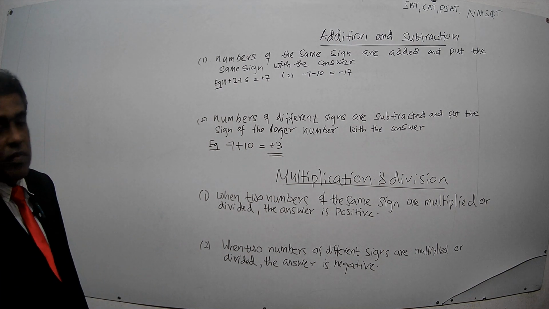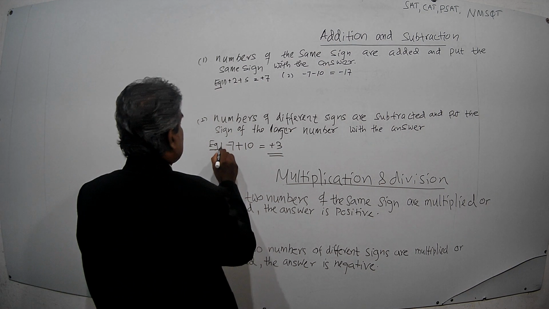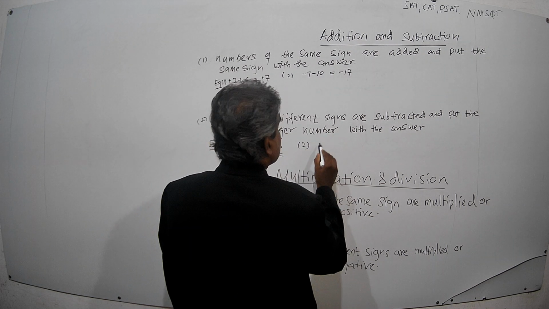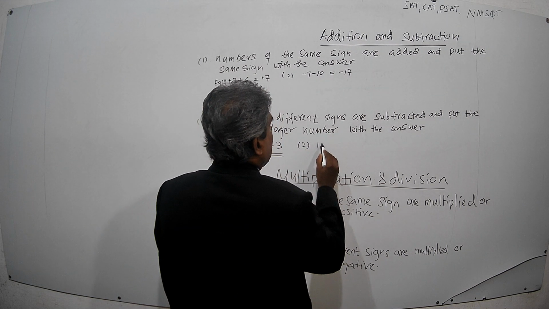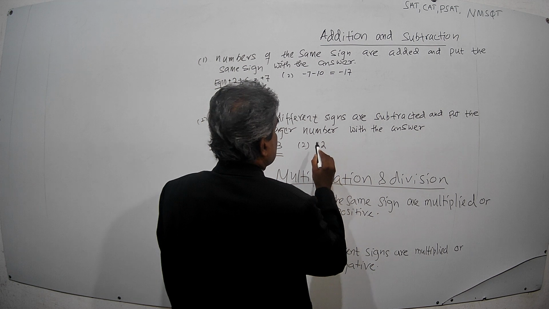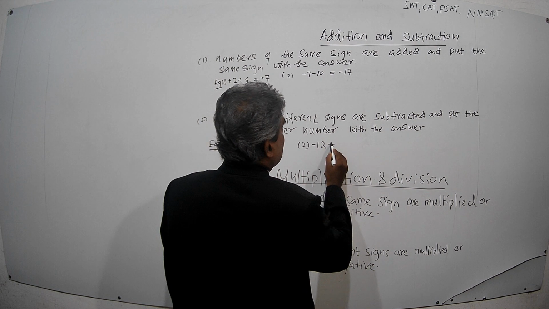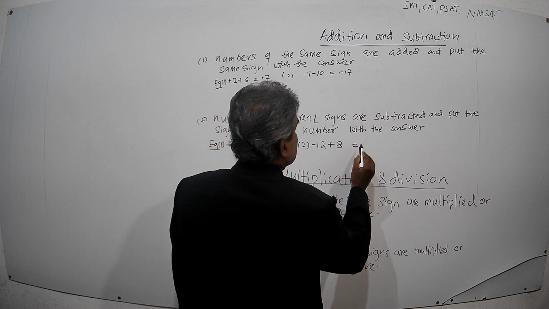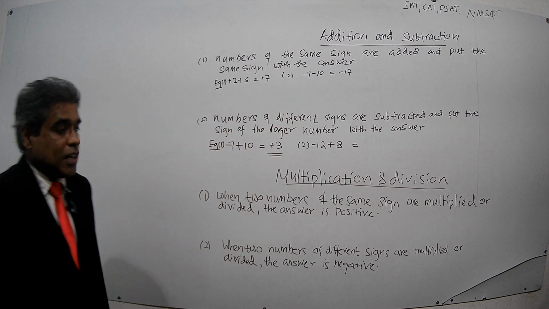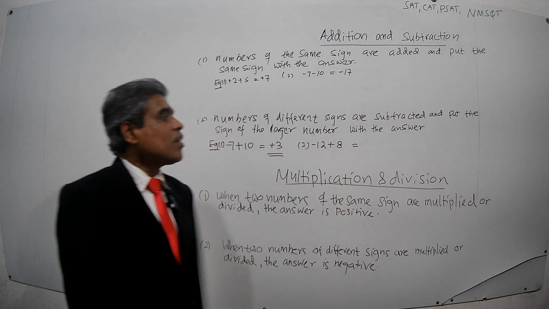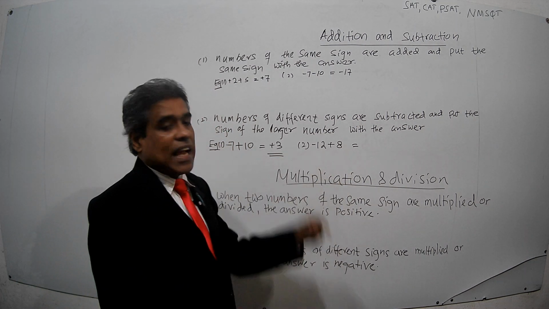So that is example 1. We will take another one, example 2. Then we will take another case: -12 plus 8. Now in this case, there are two numbers of different signs. One number is positive, the other one is negative. The larger number has a negative sign.